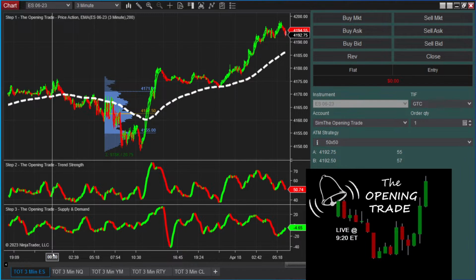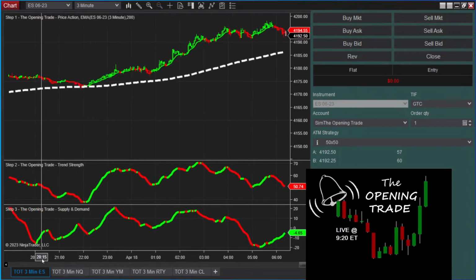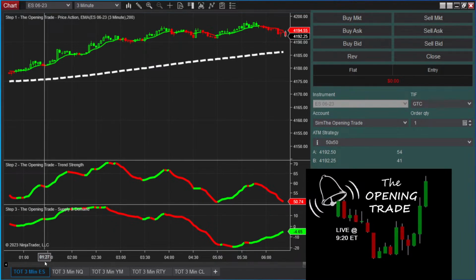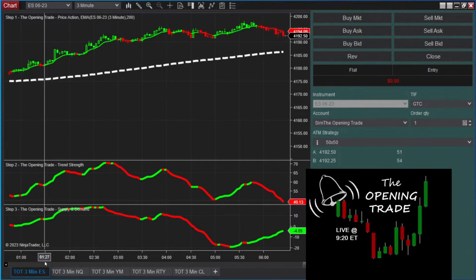So here's the start of yesterday through to today. And this is S&P 500 currently above the 200 period EMA.